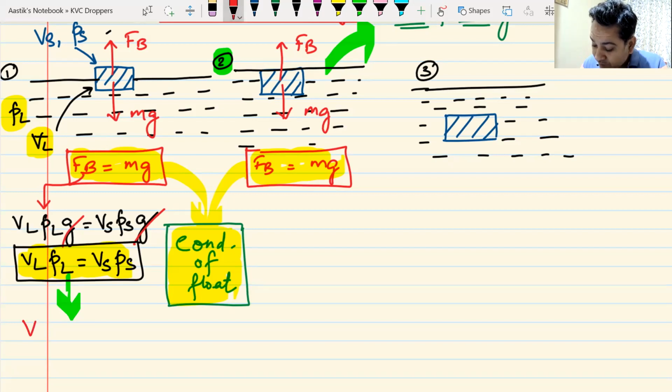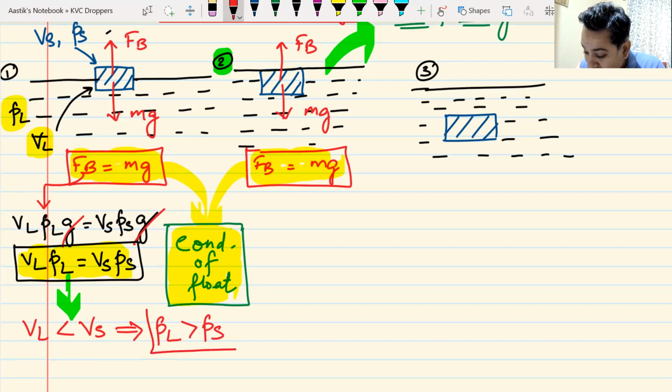Here, VL is less than Vs. Yes or no? Yes, sir. The entire volume is not inside. Some volume of the solid is outside. We understand this? Yes, sir. What does this imply? This implies that rho L would be greater than rho s.